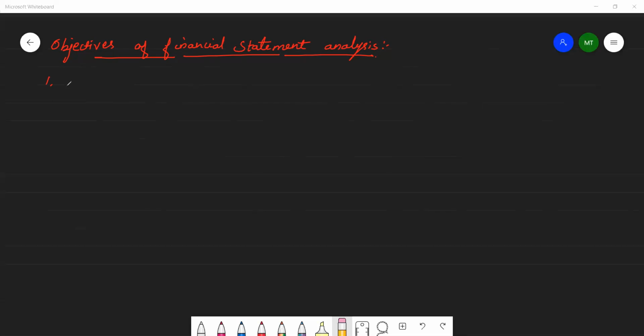The second one is to study the long-term and short-term solvency of the business.